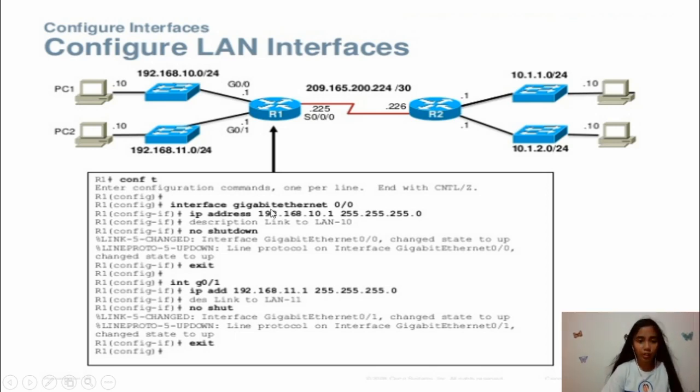Here you'll configure the gigabit Ethernet 0/0 and put the IP address and the subnet mask, and you will enter no shutdown so there will be no problem.